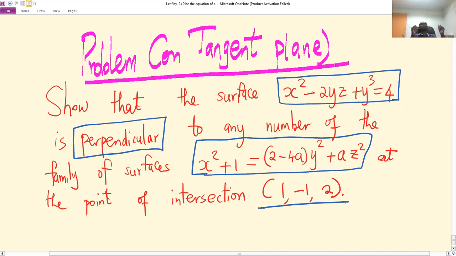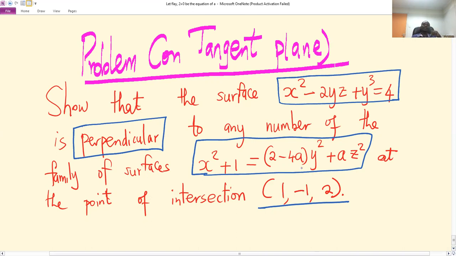Now what you have to do is to define the functions defining the first equation of the surface, and then get the partial derivatives, which are the direction ratios, and then find their values at the specified point 1, minus 1, 2.